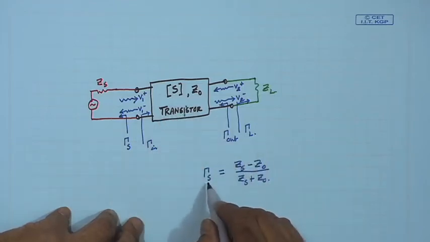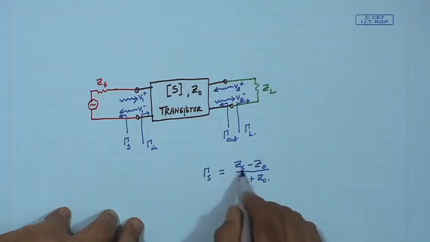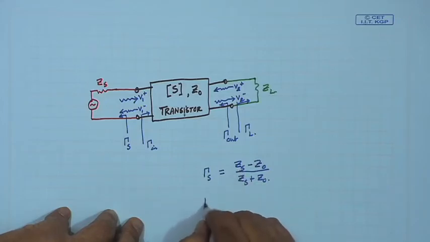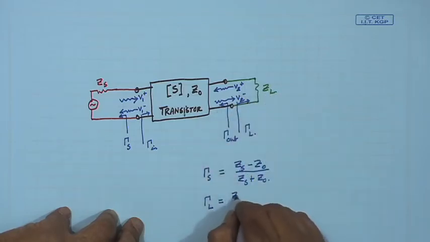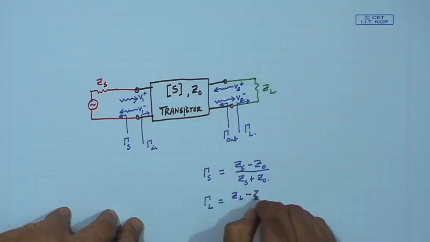So, gamma s is a complex reflection coefficient, because Zs is a complex number. Similarly, at the load side, due to mismatch between ZL and Z0, gamma L is ZL minus Z0 by ZL plus Z0.